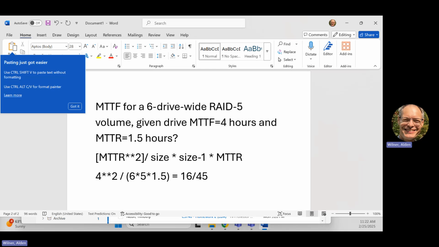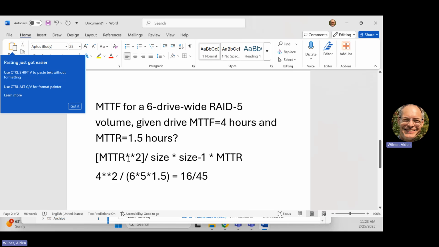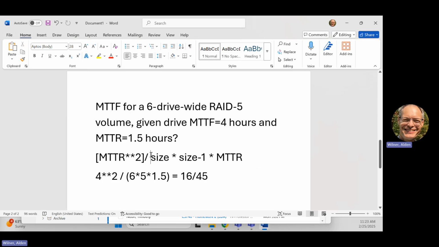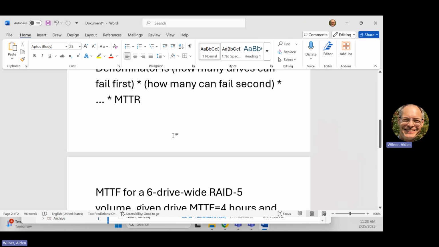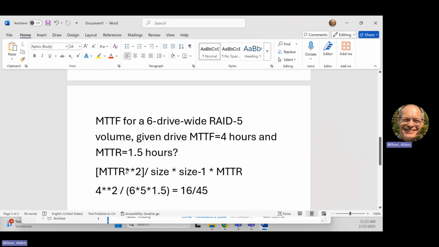MTTF squared, divided by the total number of drives, right? Yes, MTTF.